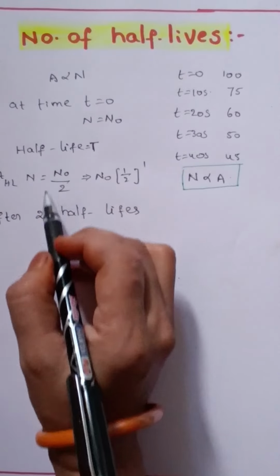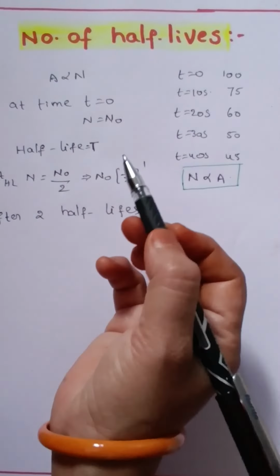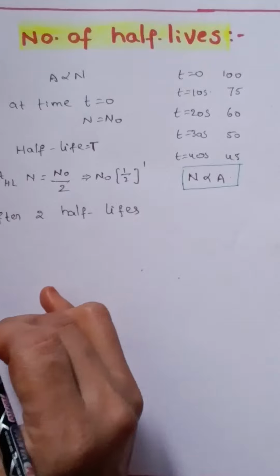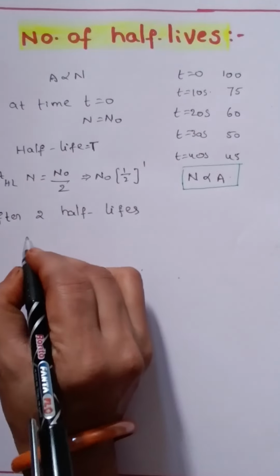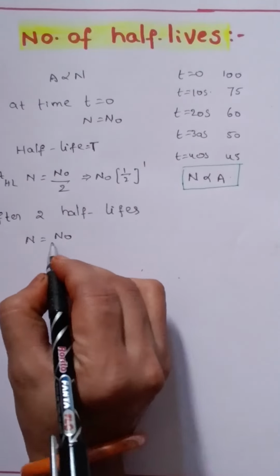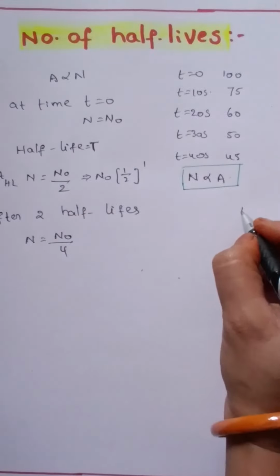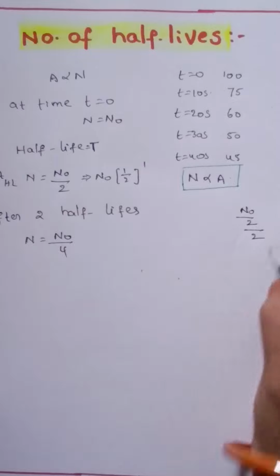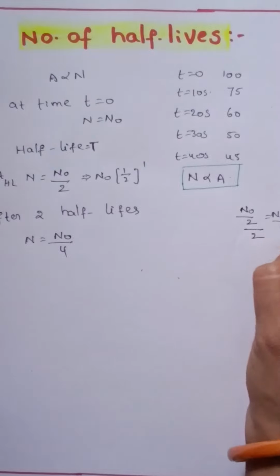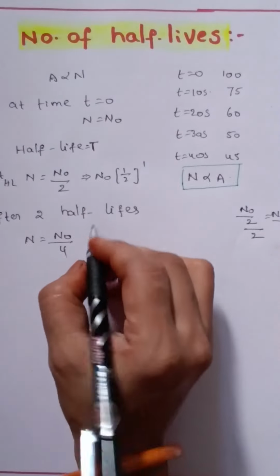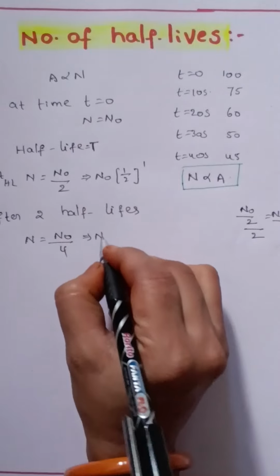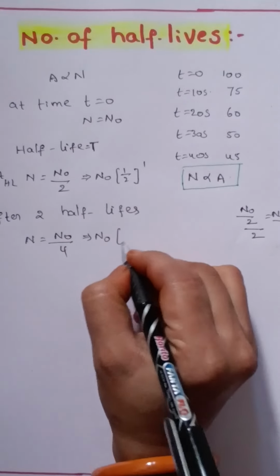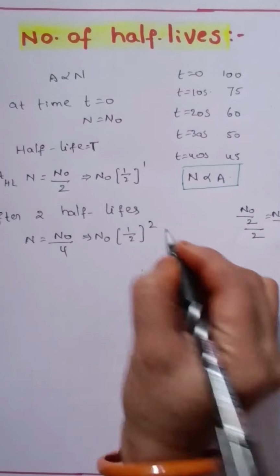Second half-life, again half of its quantity, that is N naught by 2 by 2. So we can write N is equal to N naught by 4. So what we get now, after two half-lives, is N naught into 1 by 2 whole square.